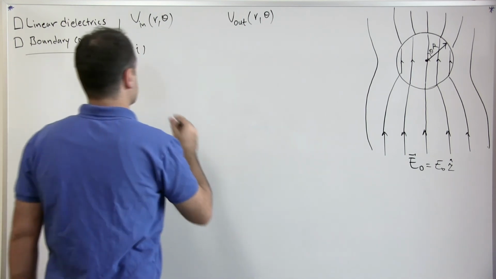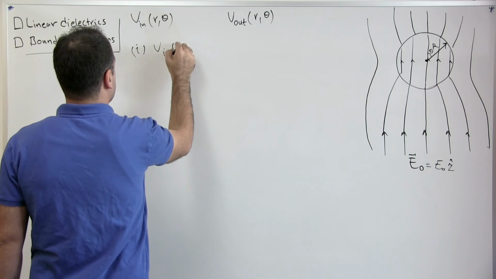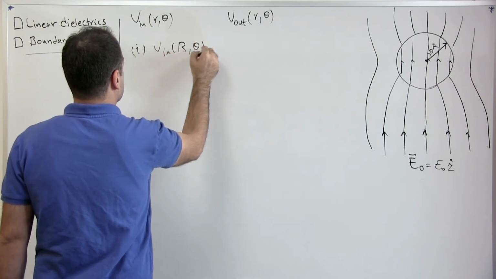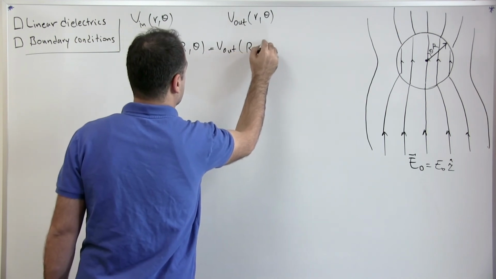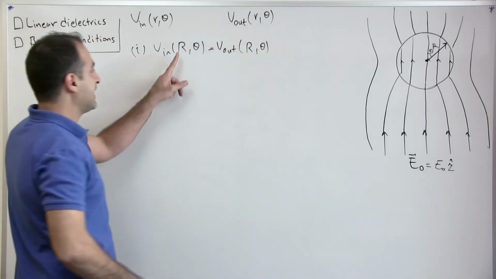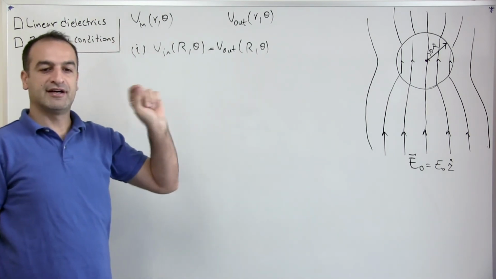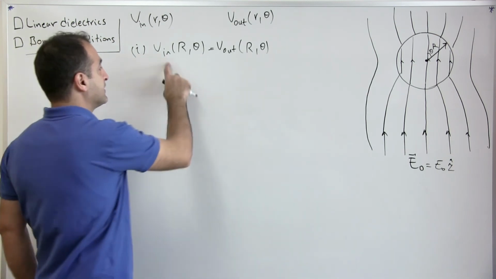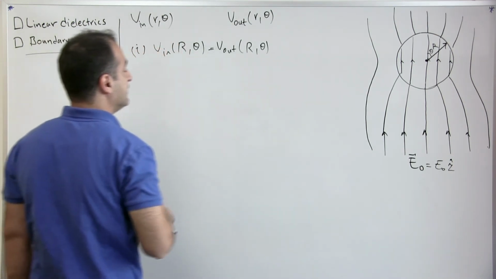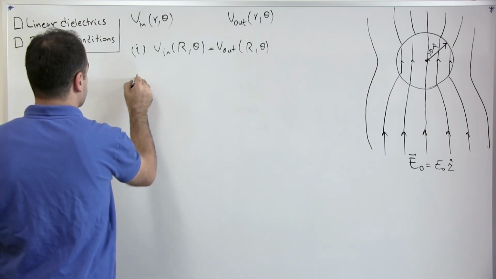So number one, V in of R, theta should be equal to V out of R, theta. I use capital R because I want to mention that R is on the surface of the dielectric sphere. So this is the condition of continuity of the electric potential on the surface of the dielectric.